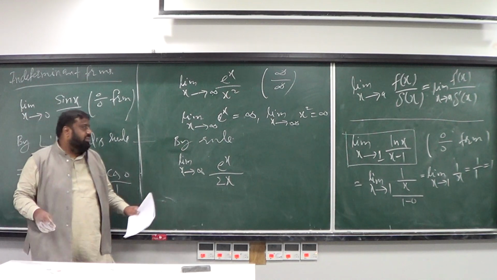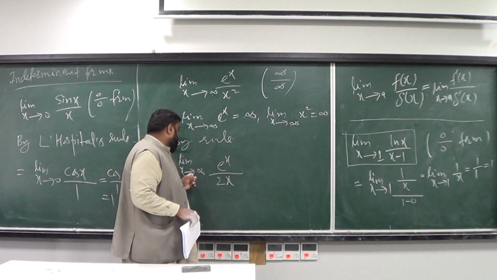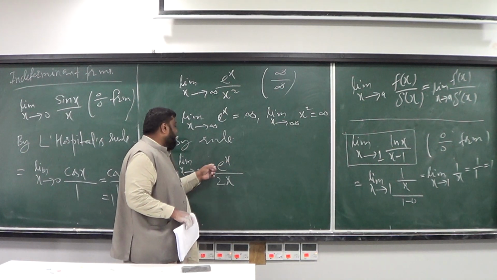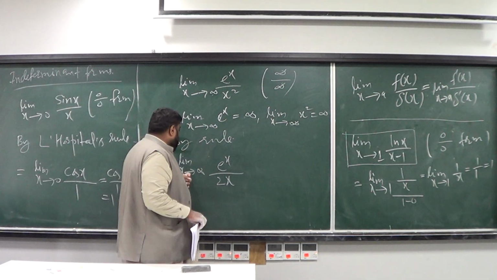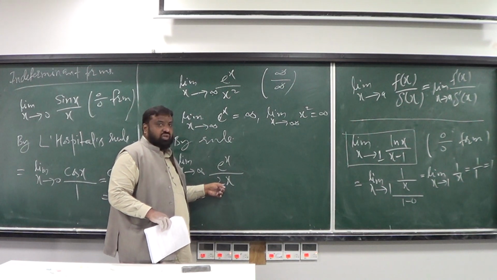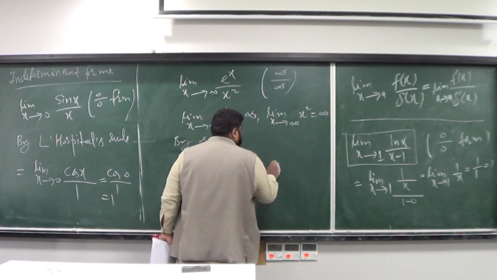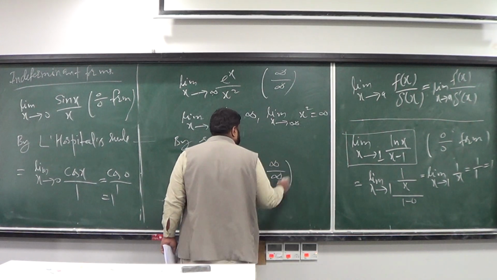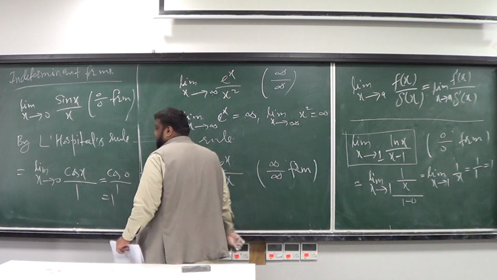If I take the limit as x goes to infinity, e to the x is going to be again infinity, and the limit of 2x is going to be again infinity. So the trouble is, applying the rule didn't help. Still you got infinity by infinity form.